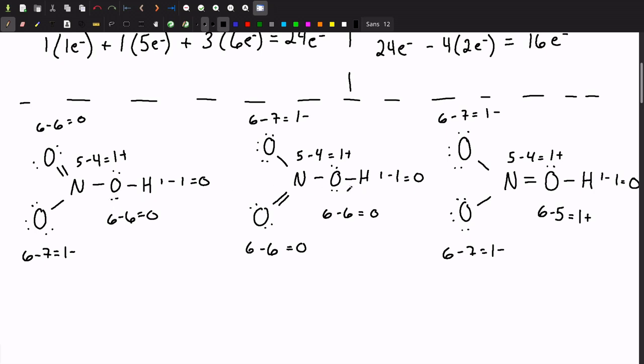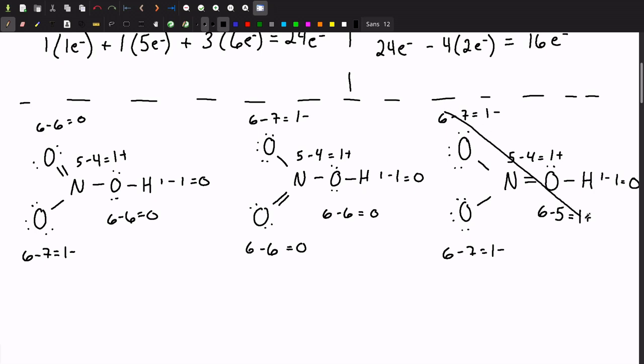But in these two cases, the two on the left here, we have a 1 plus and a 1 minus. In this case, we've introduced a 1 minus, a 1 minus, a 1 plus, and a 1 plus. We've introduced more formal charge than is necessary.